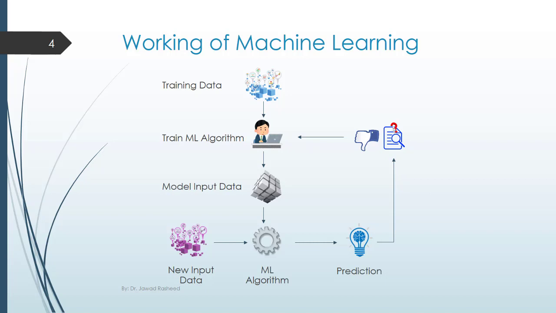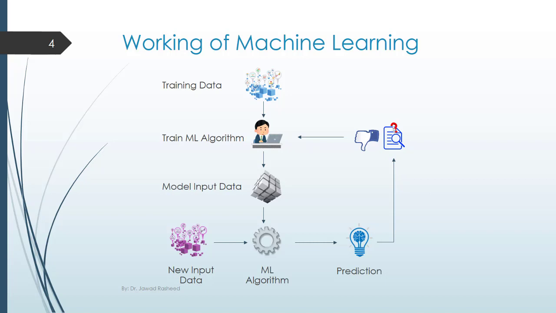So you are giving the data to the machine, and then you make the data into an appropriate form, the most useful representable form, so that the machine can understand the data. And after that, you start training the algorithm.